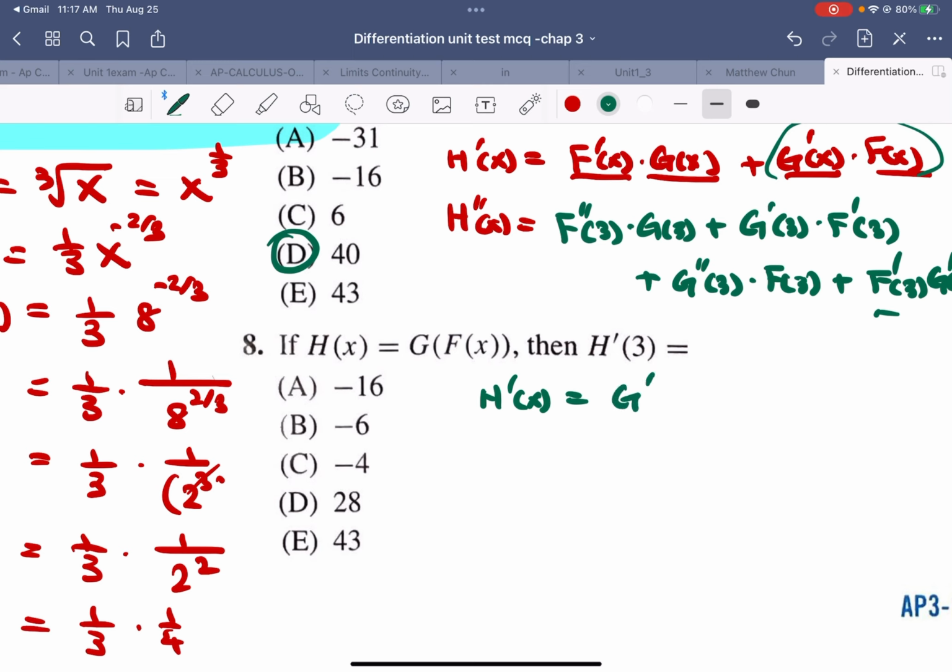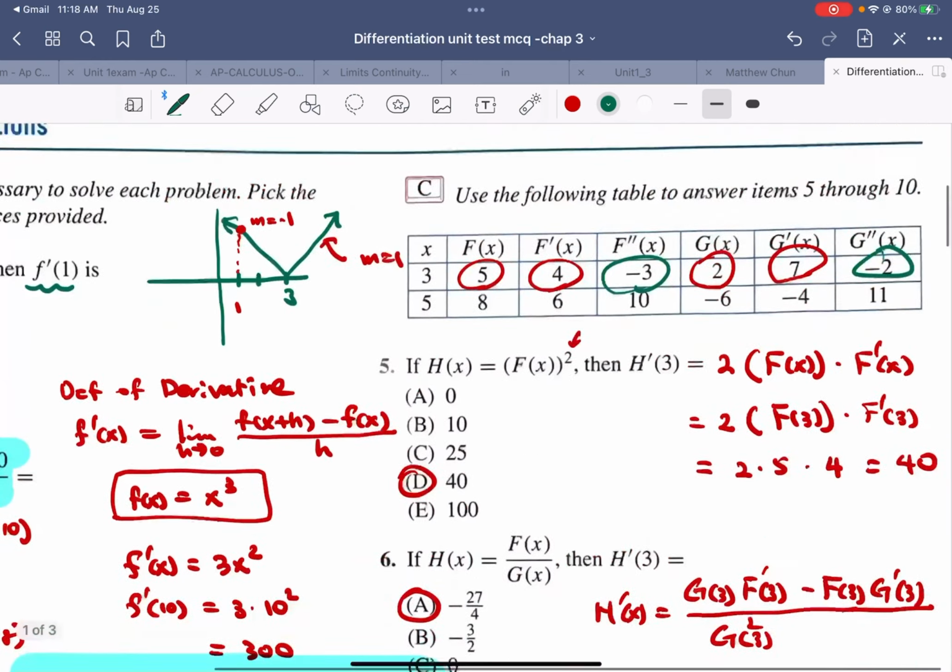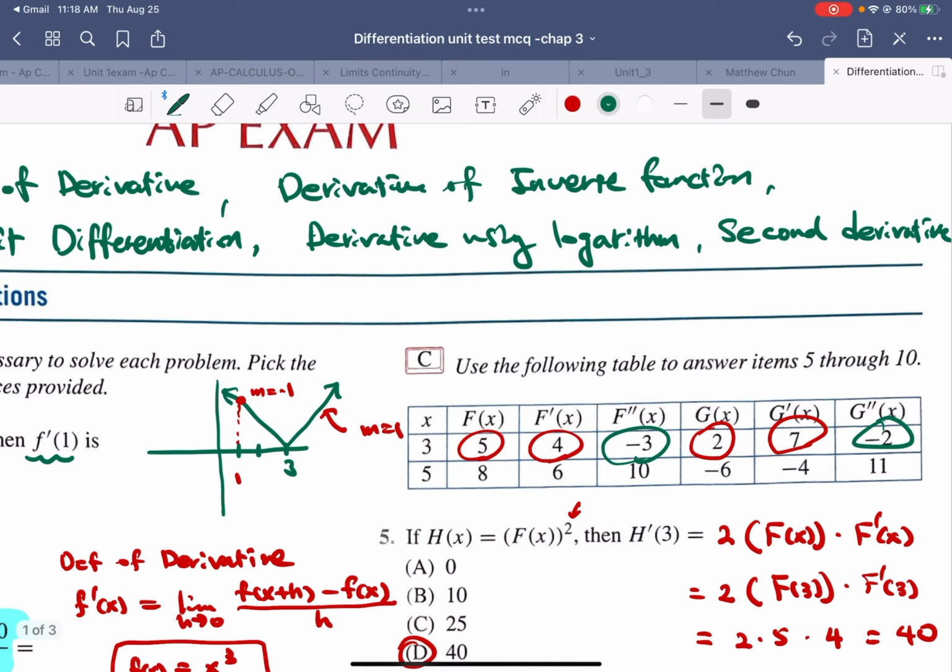So g prime of f of x times f prime of x. Make sure you do the chain rule. Chain rule is not optional, so whenever applicable, you have to do it. Now you plug in 3, so g prime of f of 3 times f prime of 3. Now f of 3 in the table, f of 3 was 5.